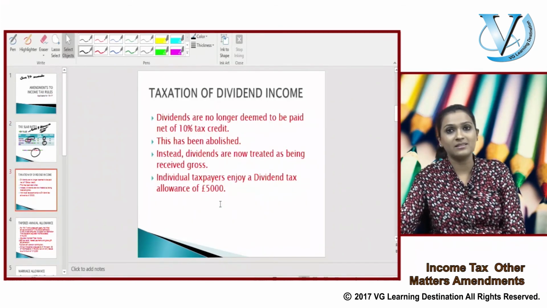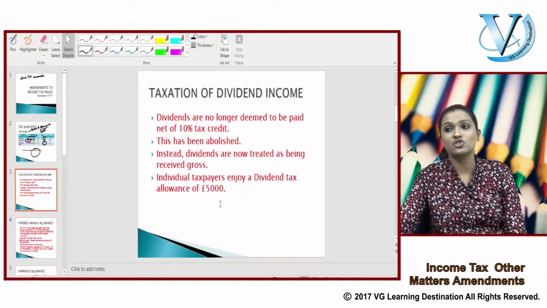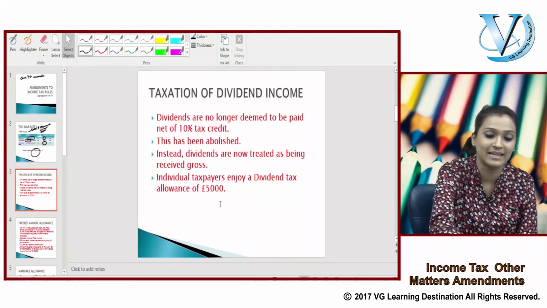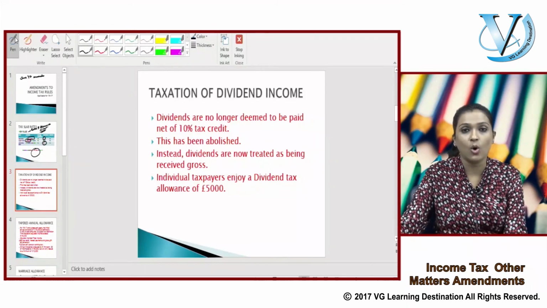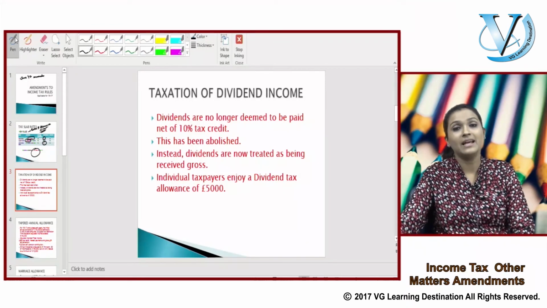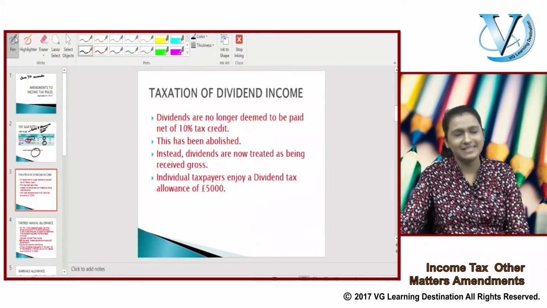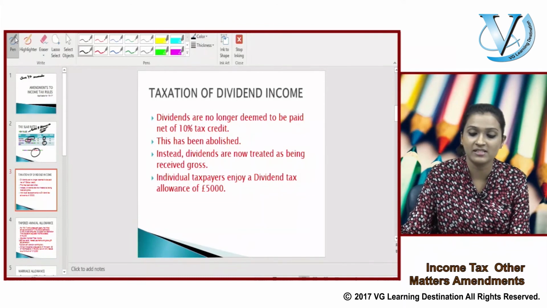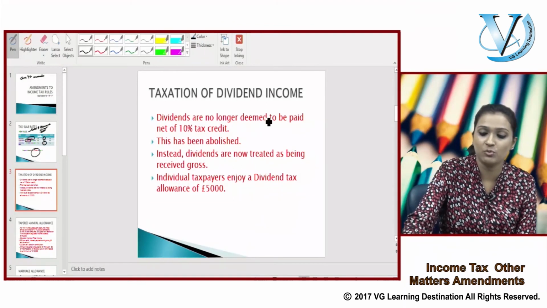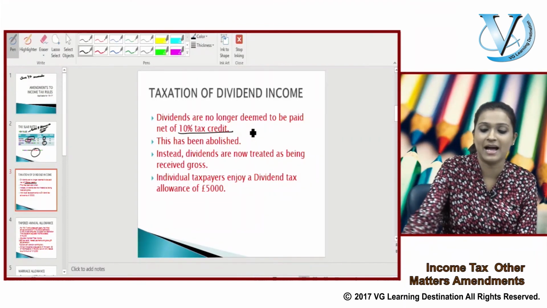Now there is another thing that kicks in, which is taxation of dividend income, which basically means that dividend is now taxed at a lower rate of 7.5% and also dividends are no longer deemed to be tax deducted at source. Dividends are no longer deemed to be paid net of a 10% tax credit.